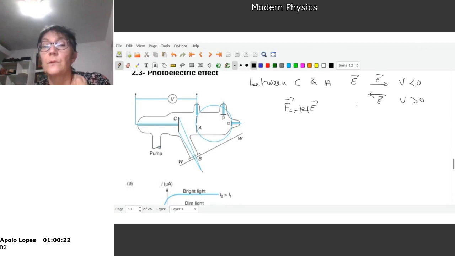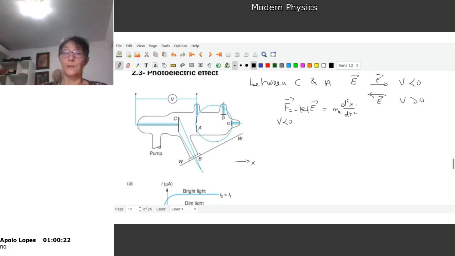So if V is negative, for the electrons, F equals m of the electron times the acceleration; let's say this is the x axis, d2x over dt2.